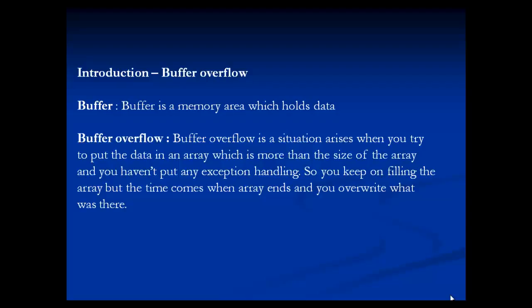So a buffer overflow is a situation that arises when you try to put data in an array which is more than the size of the array, and we haven't put in any exception handling. So we keep on filling the array, but the time comes when the array ends, and you overwrite what was there, and we will see exactly what this is using a live example.